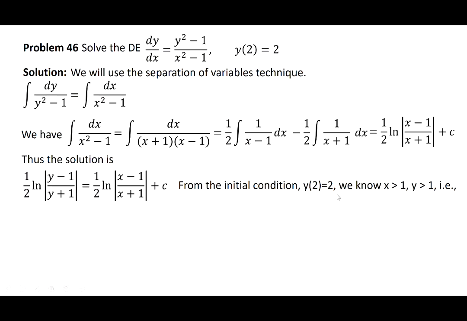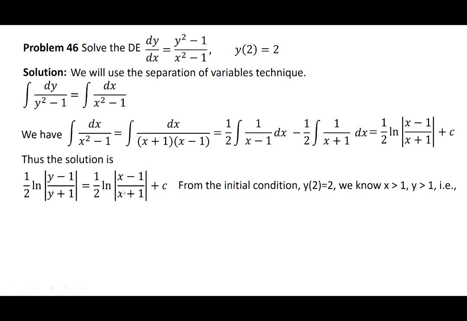But then the condition tells us exactly what to do. The condition says when x equals 2, y will equal 2. So you must pick an interval such that x equals 2 is in that interval and y equals 2 is also in that interval. So that tells us that we must pick x to be greater than 1 and y to be greater than 1.